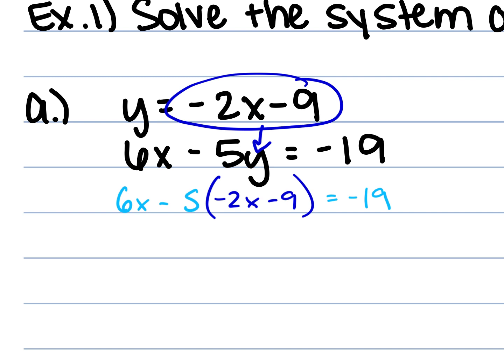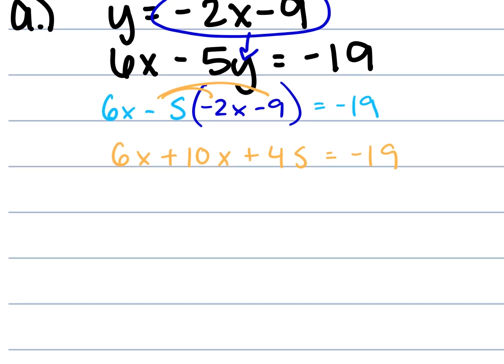So what would I need to do to solve for x? Distribute the negative 5. So I'm going to distribute negative 5 into the parentheses. So we have 6x, this turns into a plus 10x and a plus 45. What would we do next? Combine like terms.